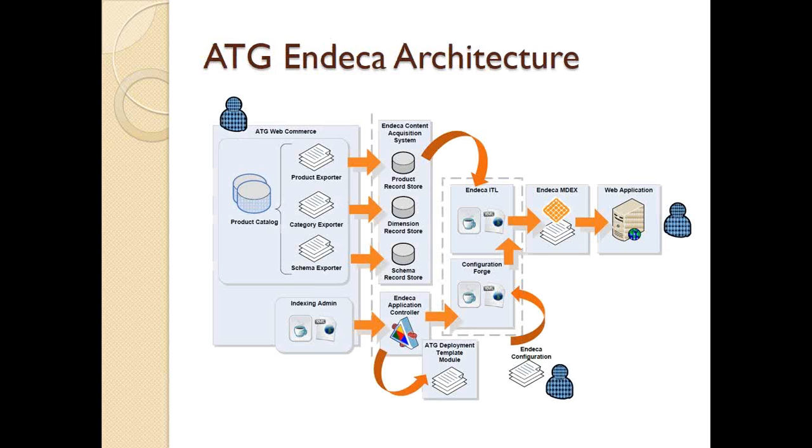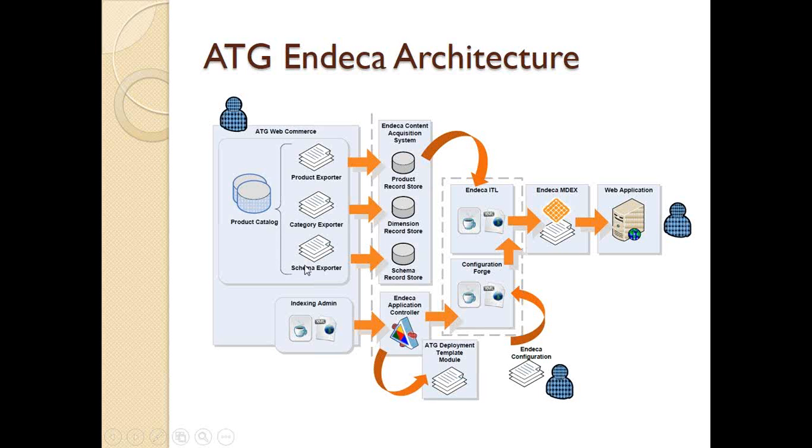Okay. So finally, I'm showing you a high-level ATG Endeca integration diagram: how exactly your data is fetched from the repositories and processed for indexing. You can see the ATG web commerce area where you have the product catalog part. In the product catalog part, you have the product exporter, category exporter, as well as the schema exporter. So your product catalog data is divided into three parts: the product data, the category data, and the schema data.